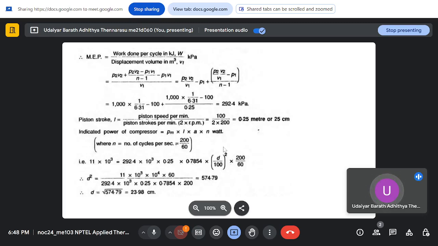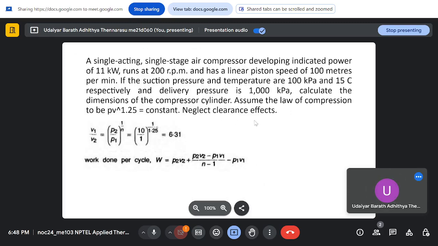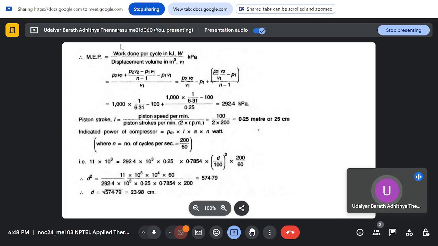Dividing the work done by the displacement volume, which is V1, gives the mean effective pressure. Substituting the values, we get the mean effective pressure as 292.4 kilopascal.